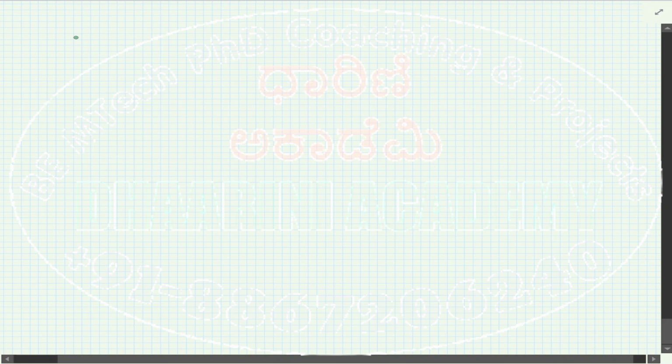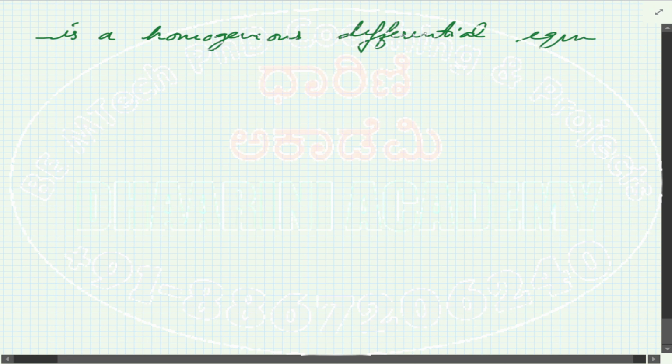That equation is a homogeneous differential equation, so we can write a solution by using the following notation.